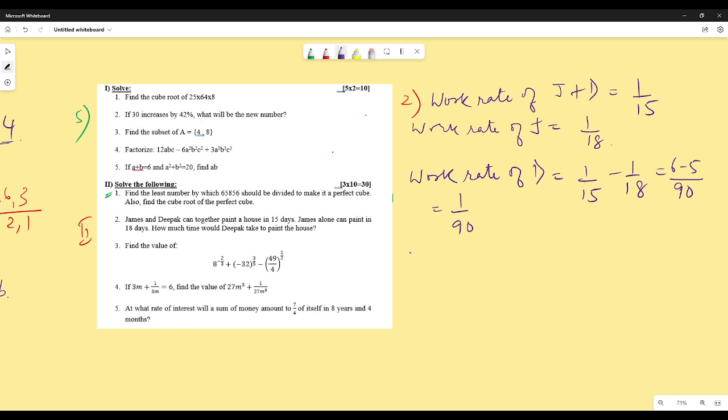So the full work will be done in 1 divided by 1 by 90 days. The total work, one whole work, is considered as 1, and you divide it by 1 by 90 and that gives you 90 days. So Deepak will take 90 days to paint the house if he is working all alone.